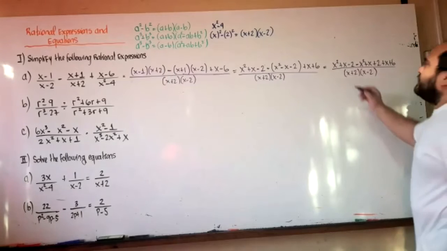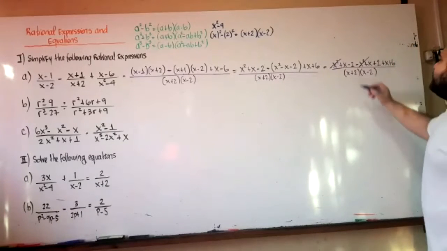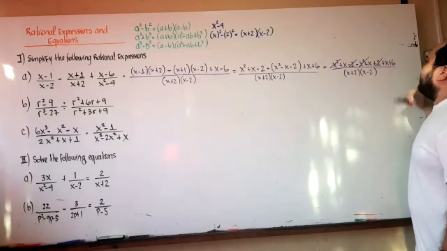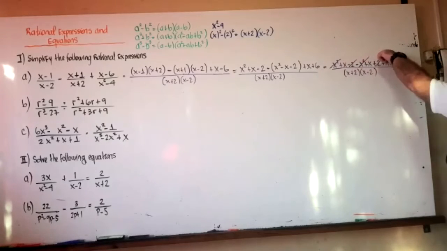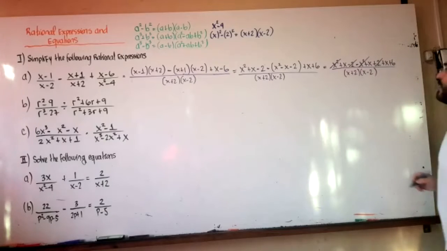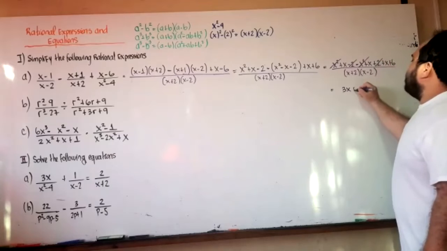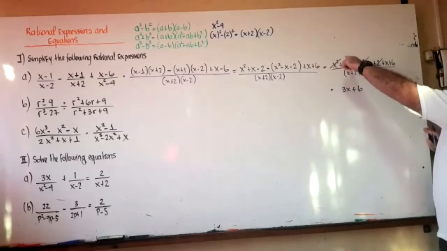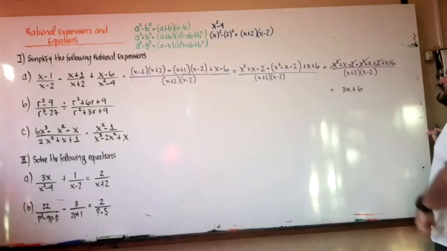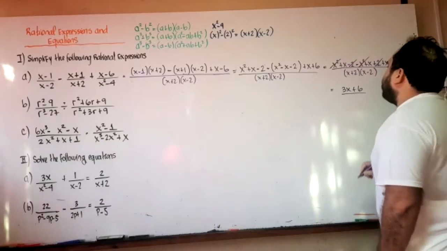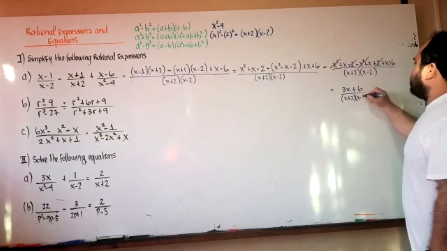Okay, for example, this x squared can be canceled with this one. Also, this negative 2 can be canceled with this positive 2. And we got x plus x plus x, sorry, will be equal to 3x plus 6. Again, x plus x plus x will be 3x plus 6 divided by x plus 2, x minus 2.